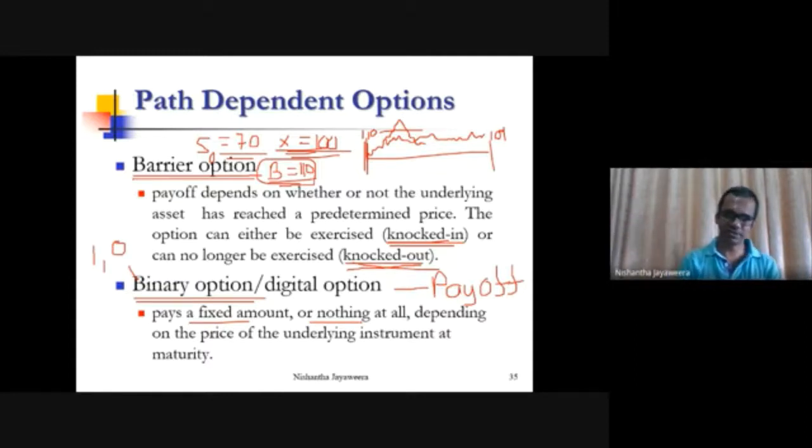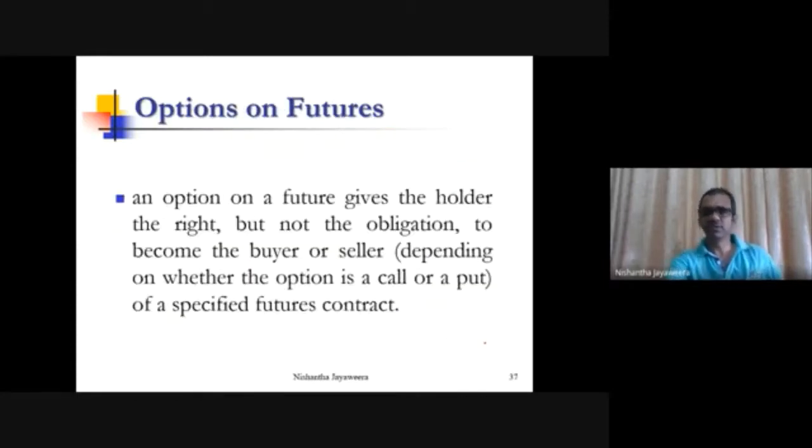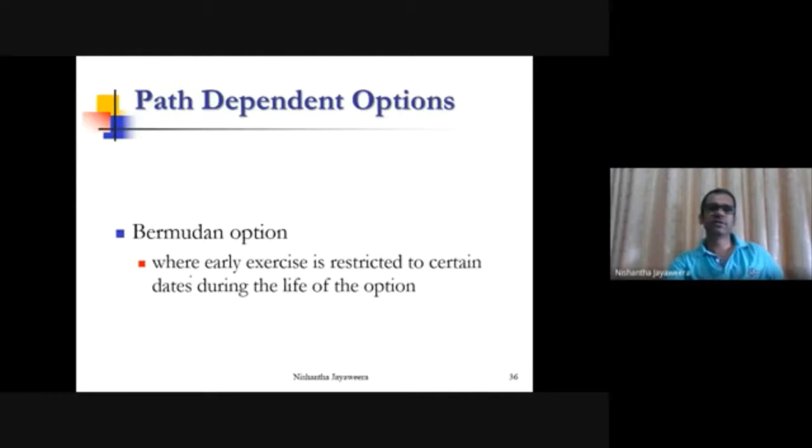If it is below the strike for a put option, still you get the fixed amount. The amount is agreed at the beginning. That's why it's called a binary option. Either you pay something or not. The amount is fixed. That's a binary option. So then the last one, it's a Bermudian option.